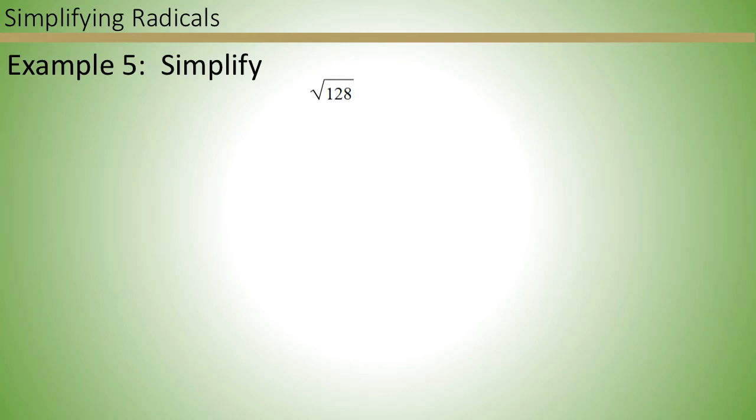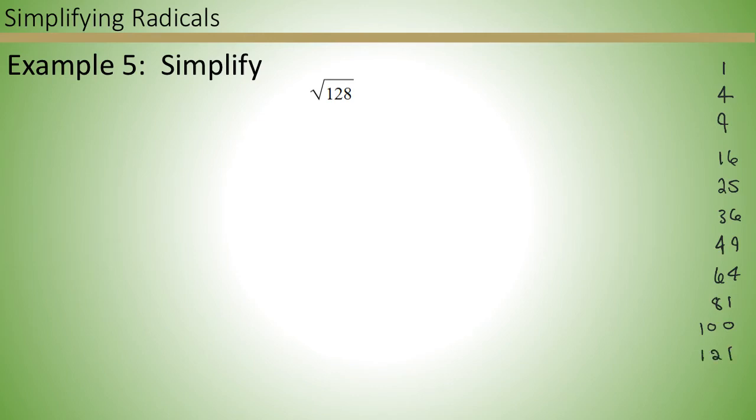Okay, an even bigger number. Again, create a list of perfect squares. 4 times 4 is 16, 5 times 5 is 25, 6 times 6 is 36, 7 times 7 is 49, 8 times 8 is 64, 9 times 9 is 81, 10 times 10 is 100, 11 times 11 is 121.